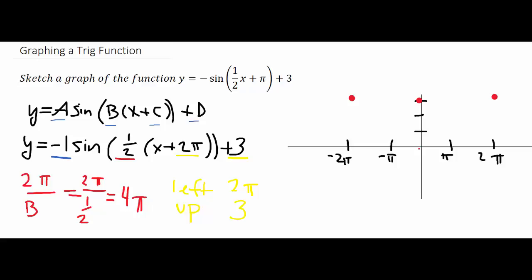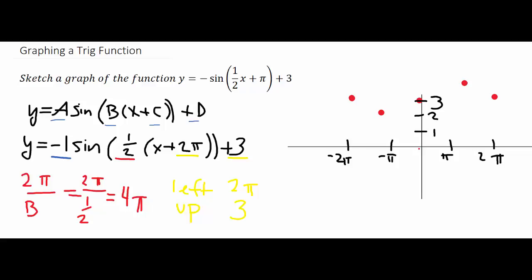So I know it's going to look something like this, where I'll have a minimum value, because it's reflected, occurring at -pi, halfway in between these 2 points. And the amplitude is 1, so that'll occur at the value of y being 2. And then there'll be a point here at the value of 4.